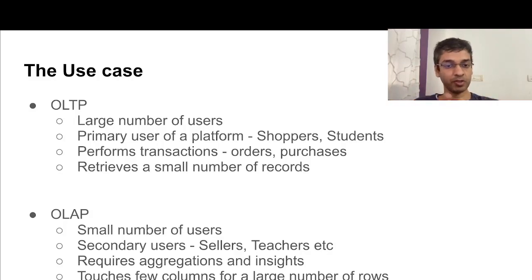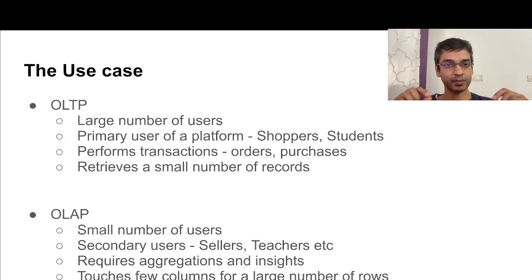So this secondary user of the platform, much smaller in number, not looking at raw data, but looking at aggregates, insights. Now, the secondary user may also require OLTP use cases, in which case those gets are from the OLTP database. But secondary users are more likely to need an aggregation or an analytics use case, which essentially gets served by the OLAP. Marketing users, business users will almost always need the analytics use cases.